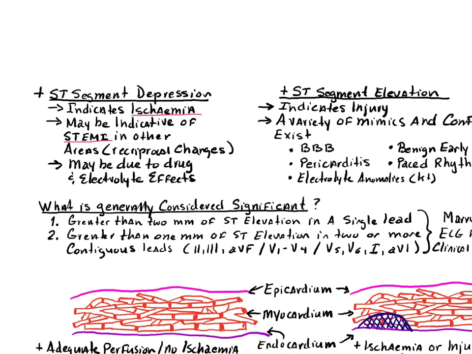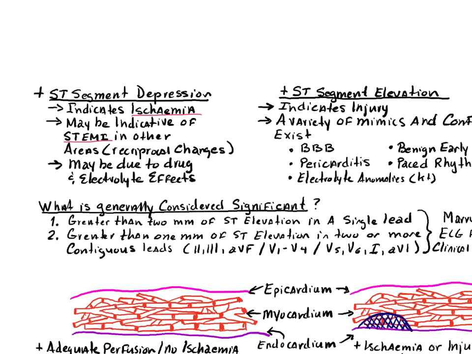Okay? In some cases, you can get ST elevation in some areas of the heart, and you'll get what's known as a reciprocal change, where you will get depression in areas opposite of where the elevation is. Okay? We're not going to identify that so much today, but we will in subsequent lectures.